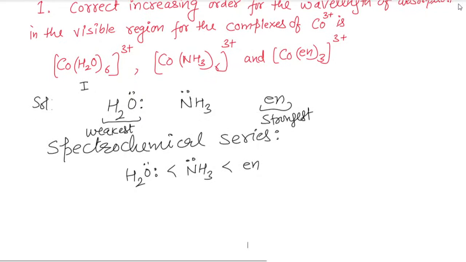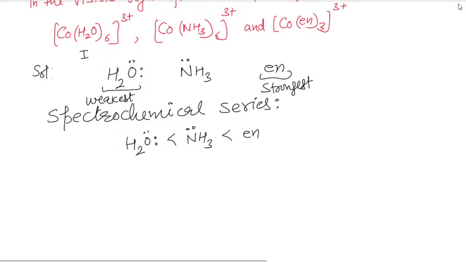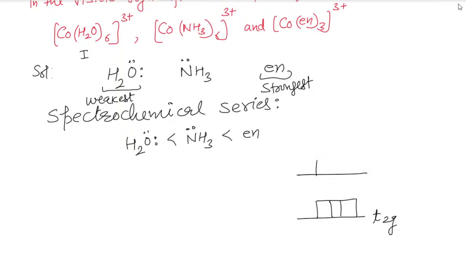So according to this series, when we have an octahedral complex, d orbital splits into t2g and eg, and this is the difference between the two. So delta O is maximum for en and minimum for water, right?